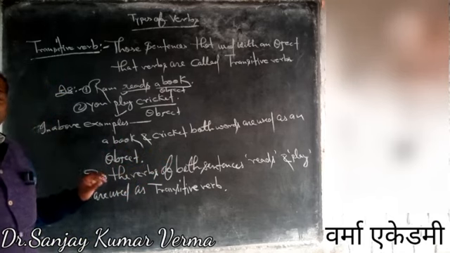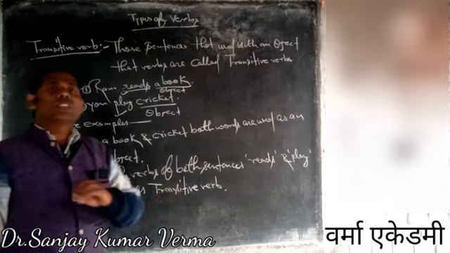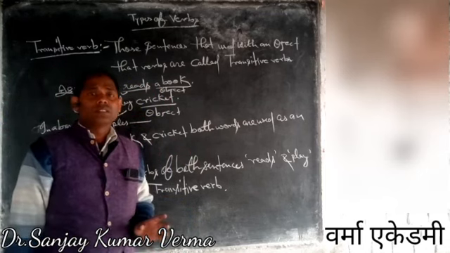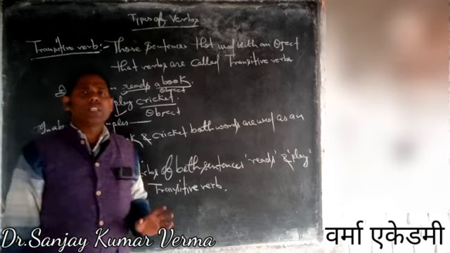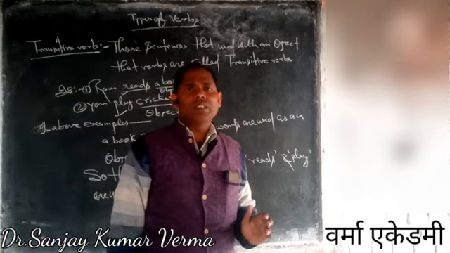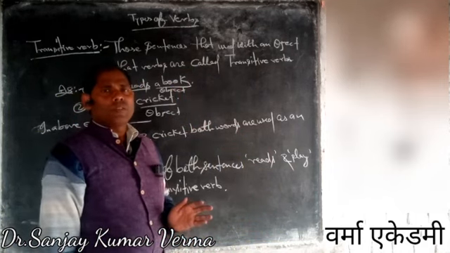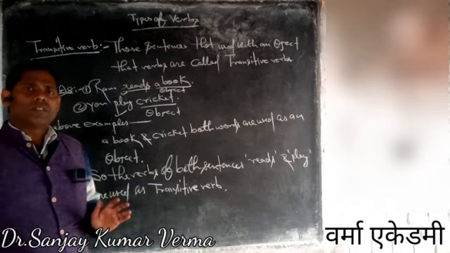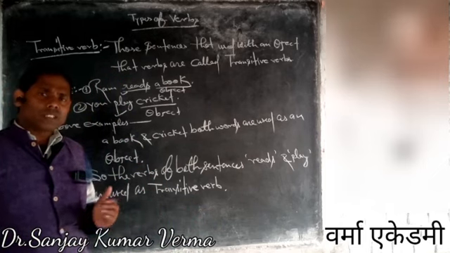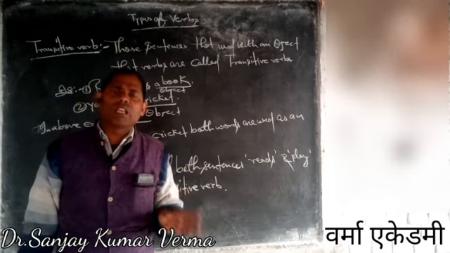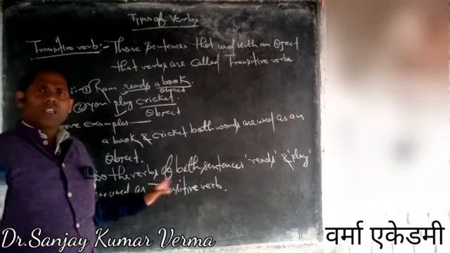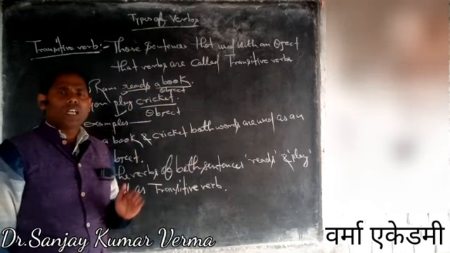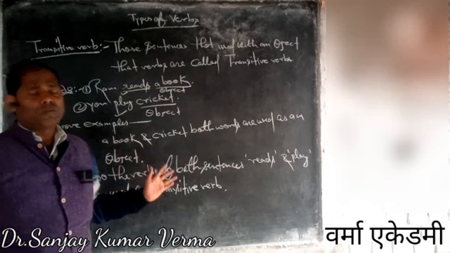Once again, the sentence in which an object is used, that word will always be called transitive verb, and the sentence in which an object is not used, that word will always be called intransitive verb. So here the difference is only the object.